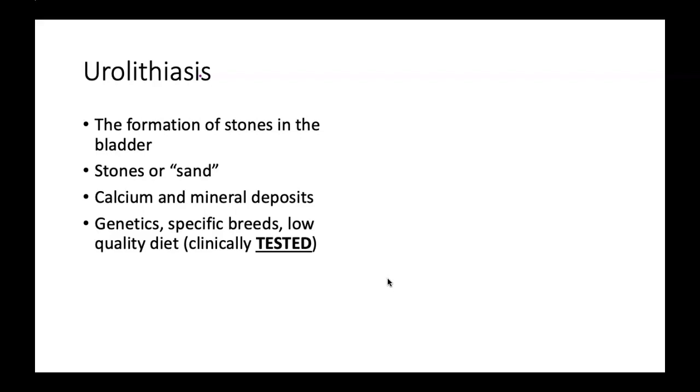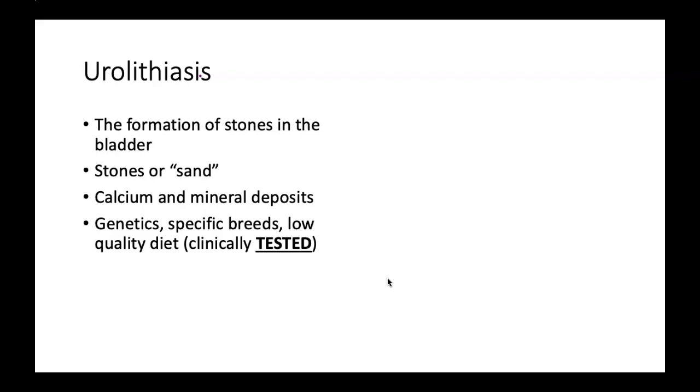and also low quality diets. This is the tricky part because we often, as consumers, are swindled, or swayed is probably a nicer word, into getting some of these diets that aren't ideal for our pets. The reason for this, of course, is marketing, but also if we're buying our food from the pet store, the person is doing the best that they know how to do to sell food.